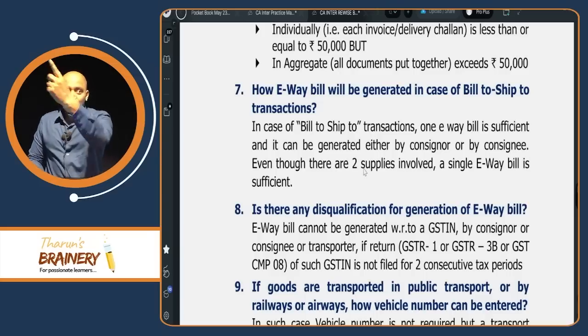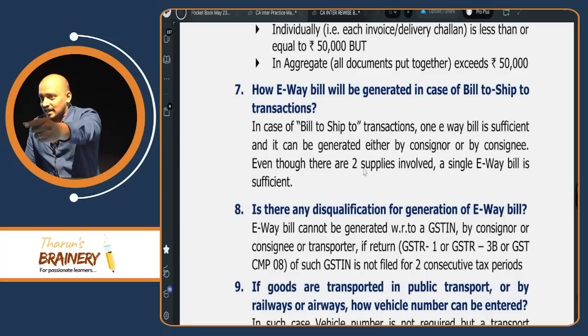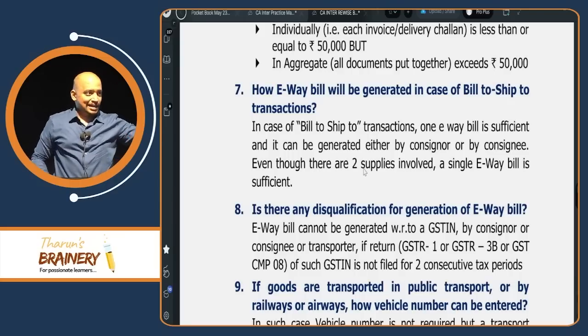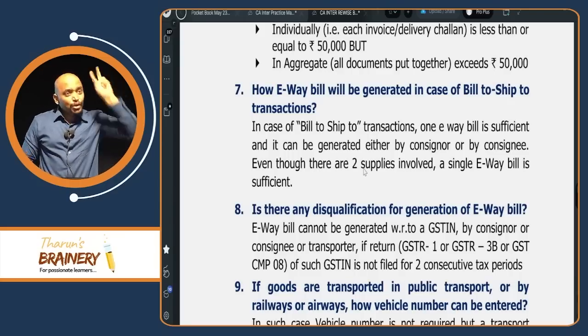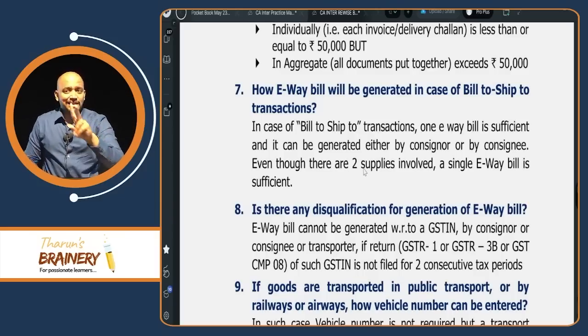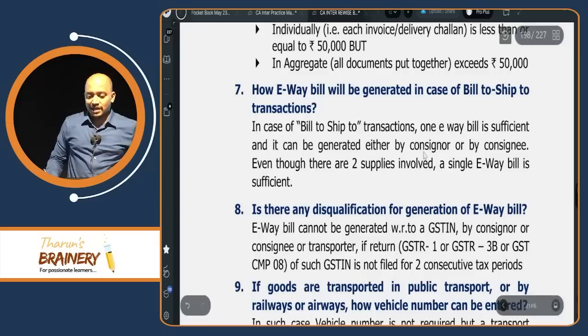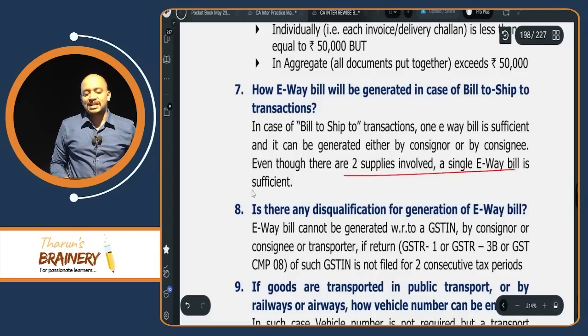One is between me and you, supplier and the billing address. Second is between billing address and the shipping address. Even though there are two supplies, how many e-way bills are required? Only one e-way bill. In case of bill to ship to transaction, one e-way bill is sufficient and it can be generated either by consignor or consignee.